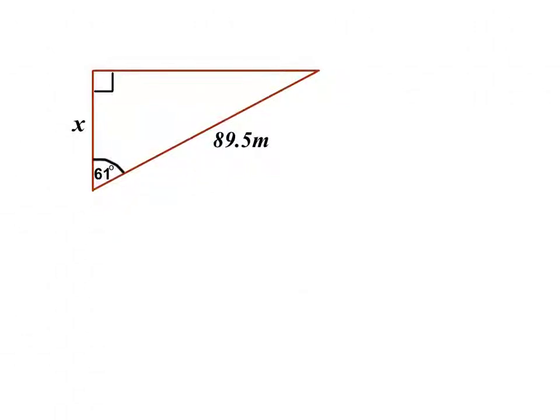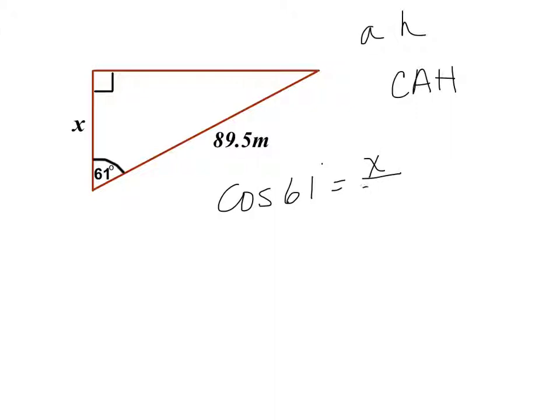Angle, they gave me the hypotenuse. I'm looking for the adjacent, got the hypotenuse. Cosine. Cosine 61 degrees is equal to adjacent, which is x, over 89.5. Cosine 61 is 0.4848. x over 89.5.